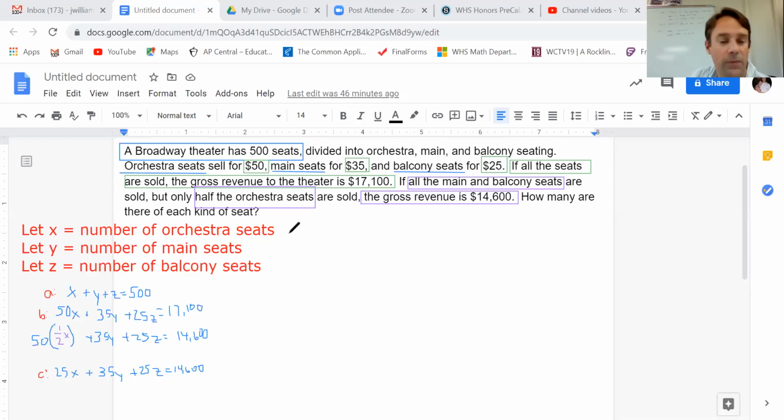Let's see how you did. First up, I'm going to multiply my A equation by negative 50. So negative 50 times A, and I will combine that with B. So negative 50x minus 50y minus 50z equals negative 25,000.